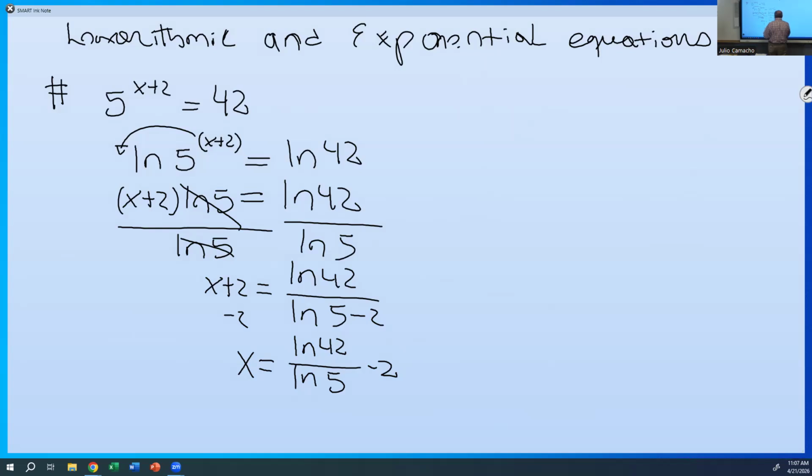Let me move my page. I don't remember the decimal answer.